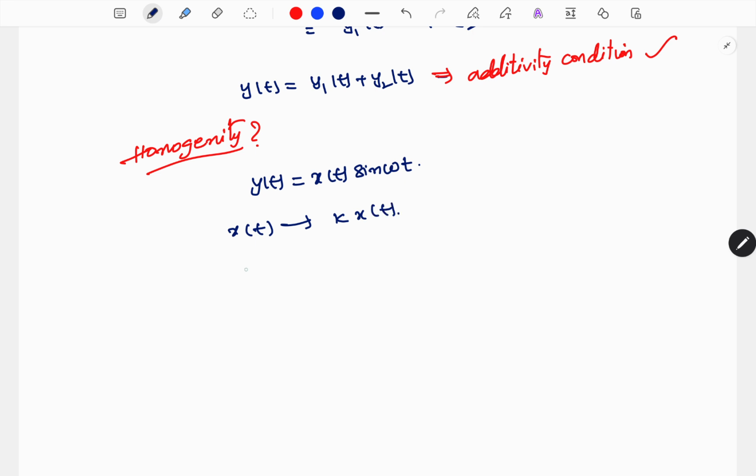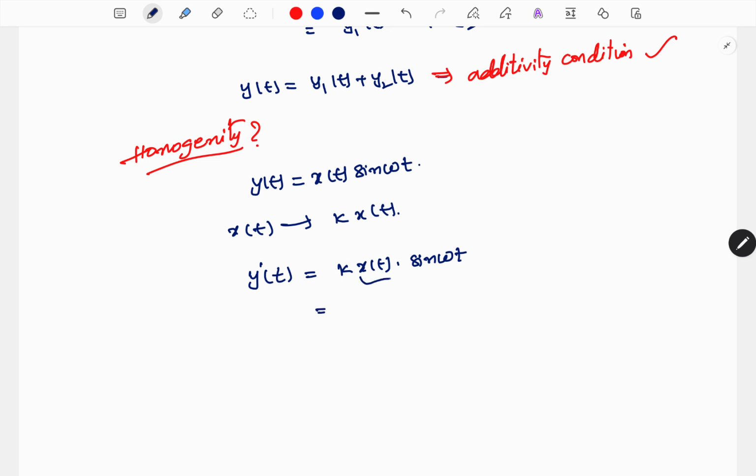Let y dash of t be the output; y dash is good because y1 we have already taken. Then y dash of t is equal to k into x of t into sin omega t.